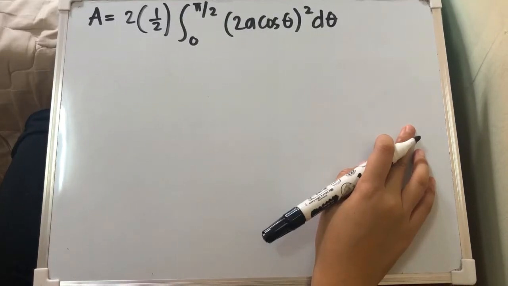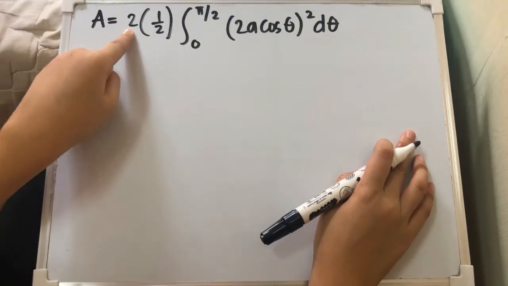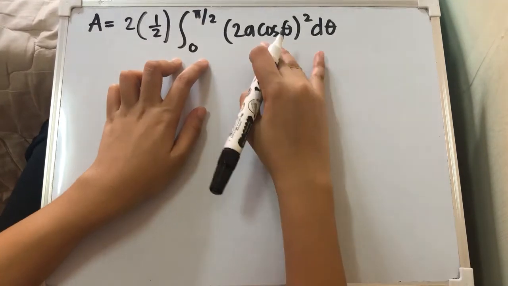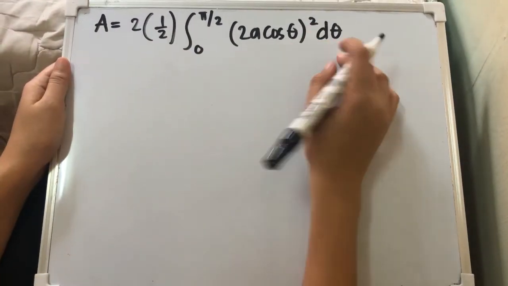That being said, the equation of our area is equal to 2, since we touch just 2 quadrants, times 1/2, the limits, and the r squared. Since our r is equivalent to 2a cos theta, then we have the square d theta.